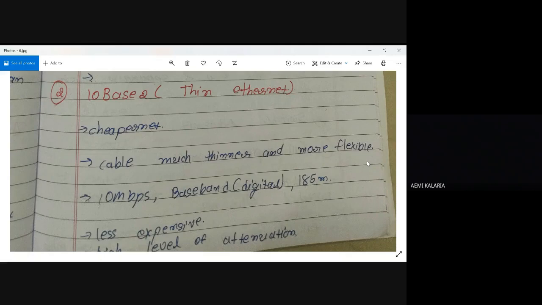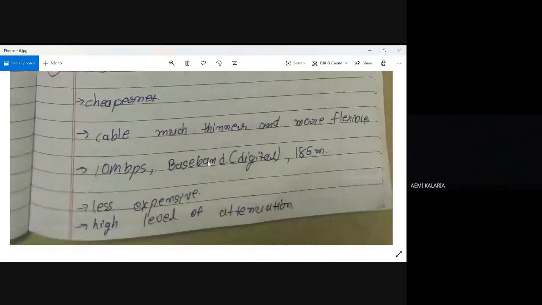Many times it is used whenever we don't want a very big network, because the size is very small, 185 meter only. But it's okay whenever we require more quality and less quantity; at that time we use this thin Ethernet.